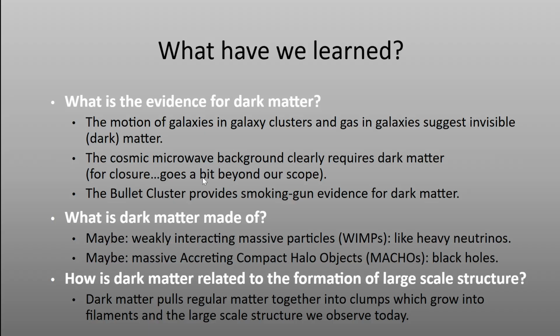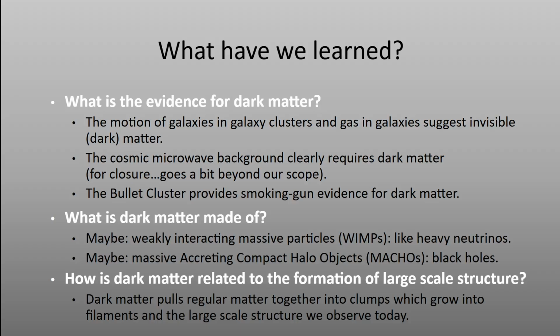And we won't talk about closure here, but we will talk slightly more about the power spectrum in the second half of these slides. And then the bullet cluster, I would argue, gives the strongest evidence for dark matter overall.